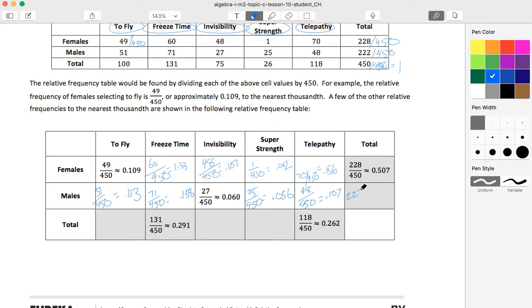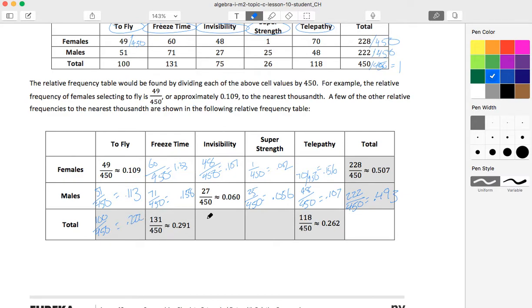The total for males is 220. The relative frequency would be equal to 0.493. The total number of people that wanted to fly was 100 over 450, which is equal to 0.222.